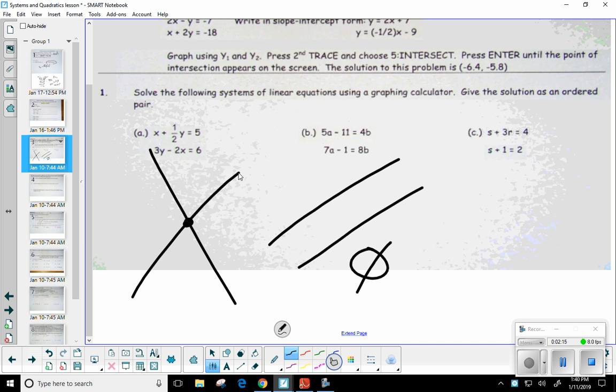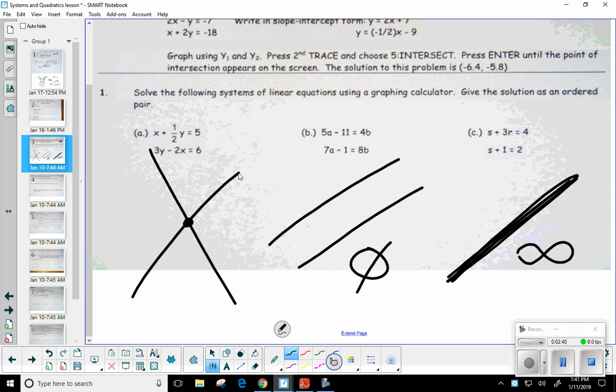And then what's the last case? What's the final way that two lines can interact if you graph them in the same plane? They're the exact same line. If you graph a line and the other line turns out to be exactly the same, one right on top of the other, this is when you have how many solutions? An infinite number of solutions, yes.